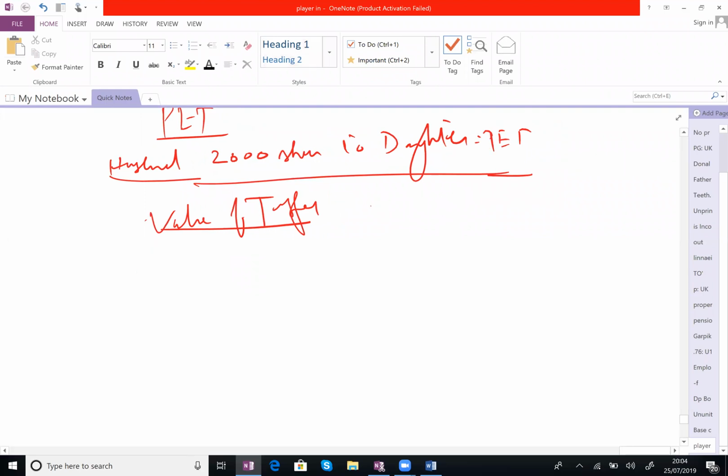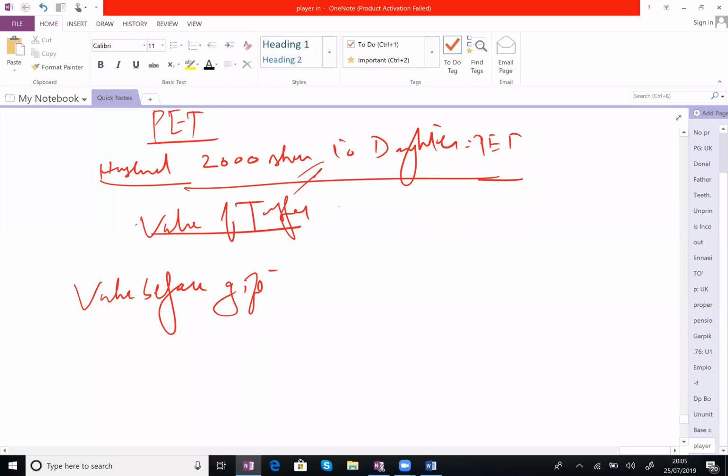The related party rule says the value before and after the gift is calculated through the formula A divided by A plus B, multiplied by the combined value. So for the value before the gift: you are gifting 2,000 shares to your daughter. Before the gift, how many shares do you have? Number of shares.